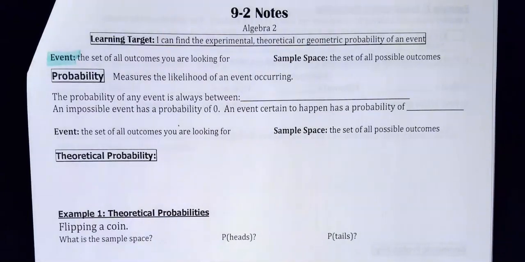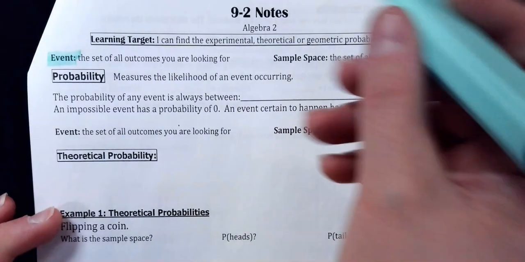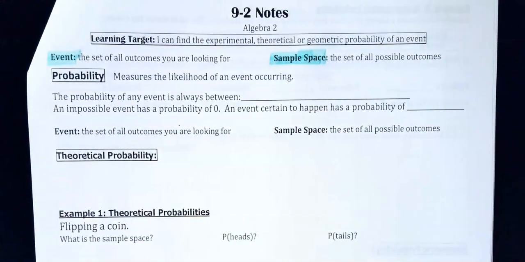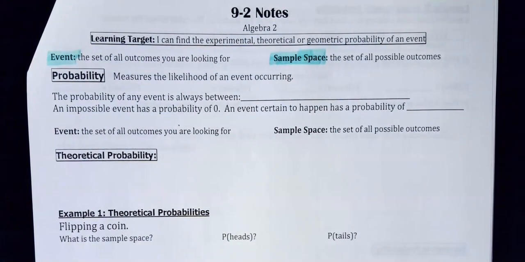Now, the sample space is the set of all the possible things that could happen. If I was flipping a coin, I could either get heads or tails, as long as I have a fair coin. Those would be the only 2 things that could happen. That would be my sample space.